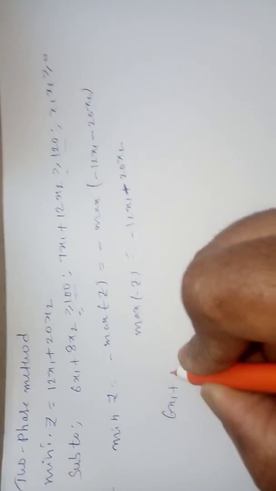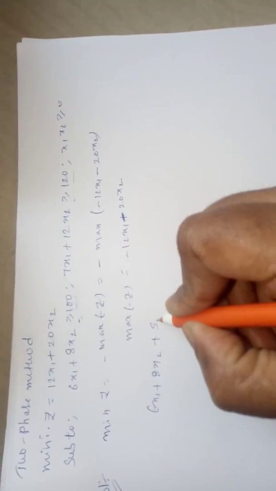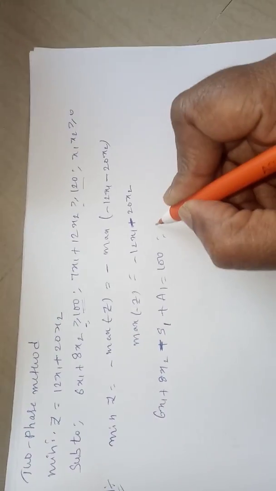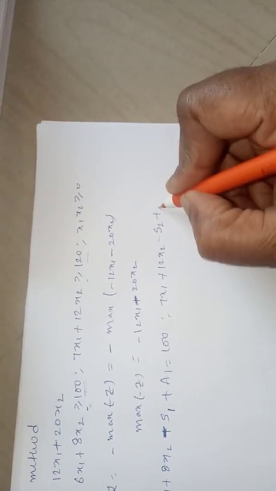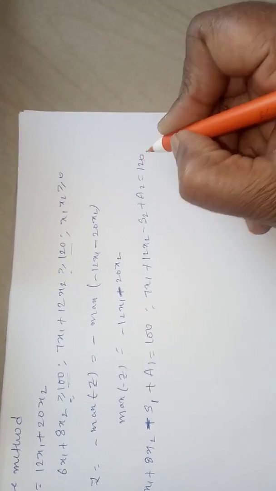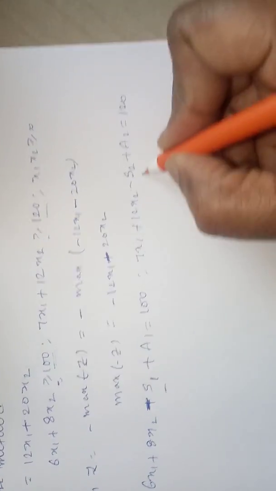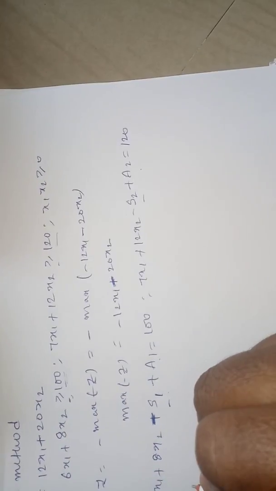That implies 6x1 plus 8x2 minus s1 plus a1 equals 100. The second one: 7x1 plus 12x2 minus s2 plus a2 equals 120. Here s1, s2 are surplus variables, a1, a2 are artificial variables.